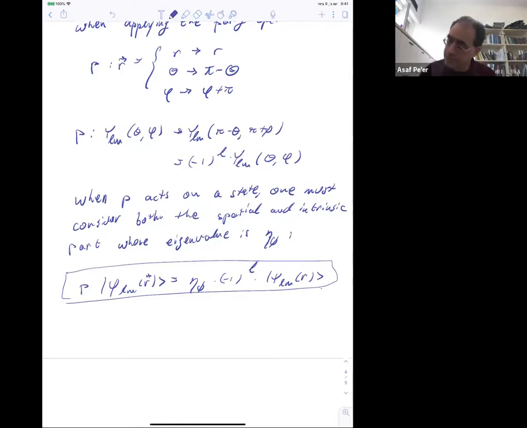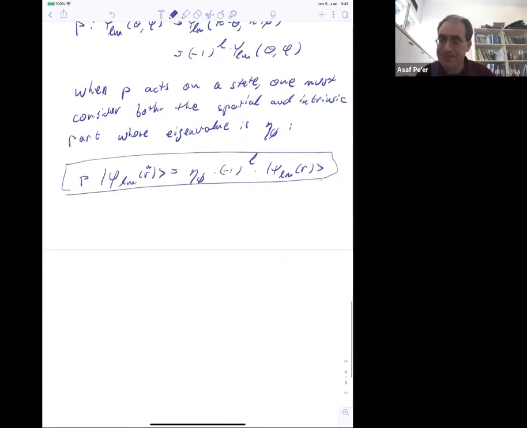So a few comments now on what we're doing. The time, of course, is not affected by the parity transformation.